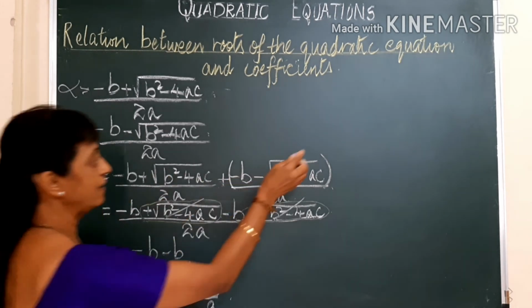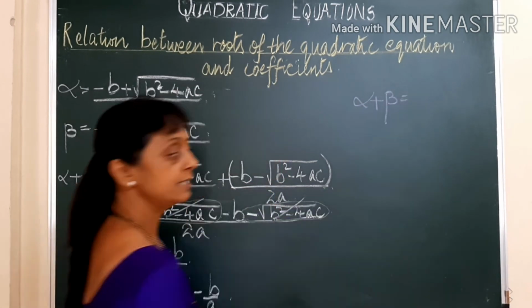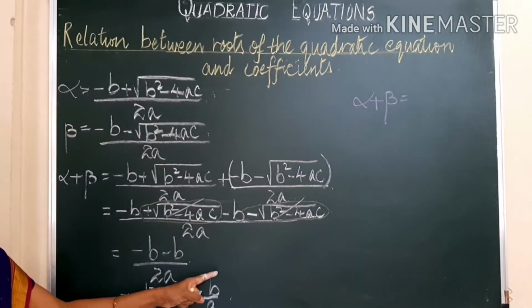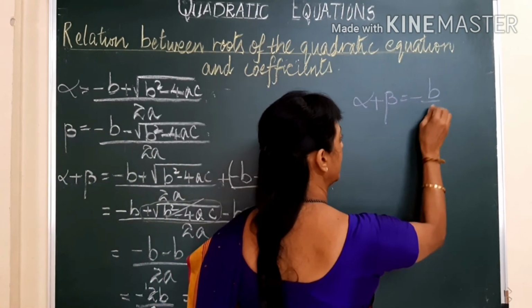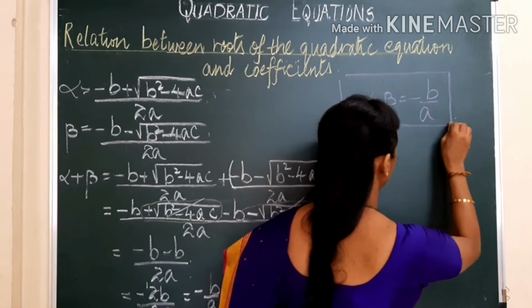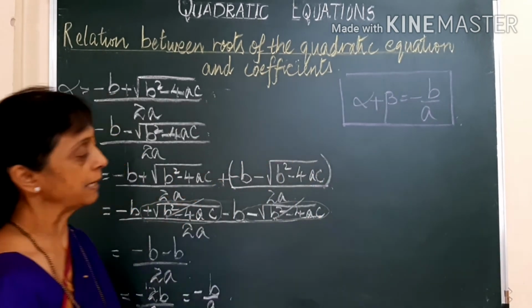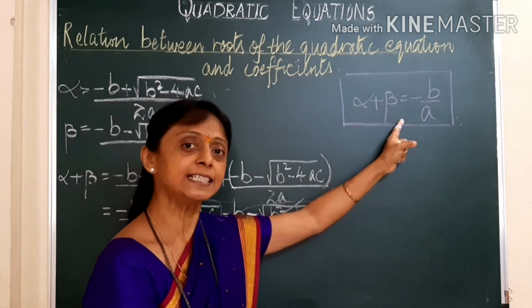You got alpha plus beta is equal to minus b upon a. This relation we got between the coefficients by summing up the two roots, alpha and beta.